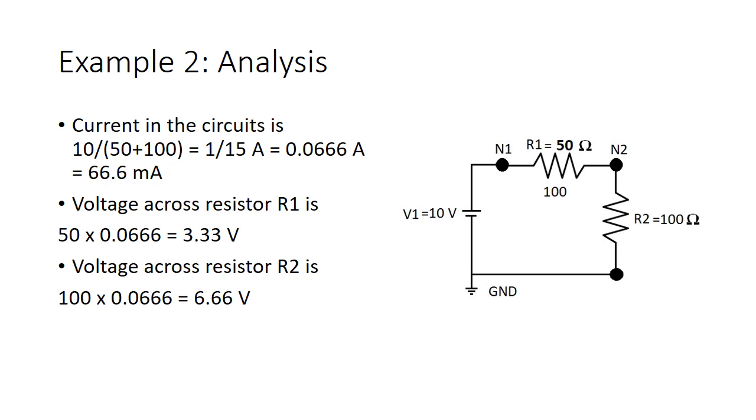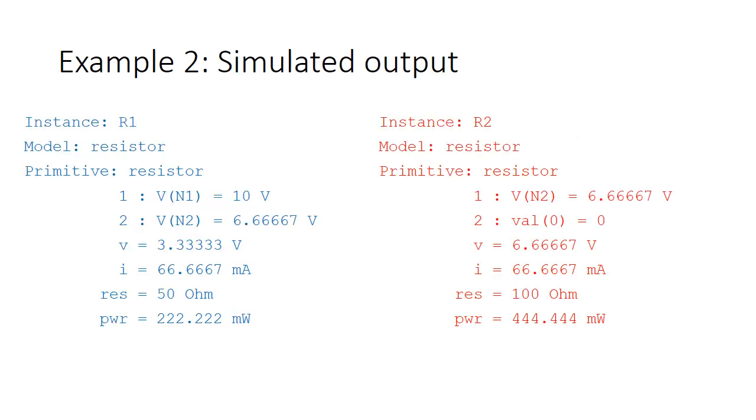Now you can see, since the resistors are of different values, the voltage across them is also different. So the voltage across resistor R1 is half compared to the voltage across resistor R2, as the resistance is also half of R2. So this is the simulated output.